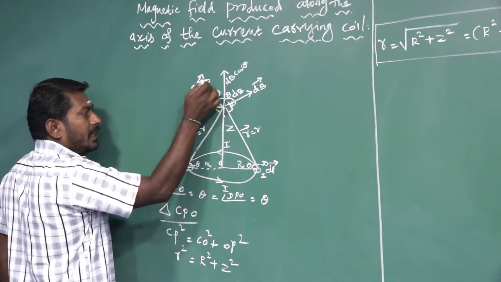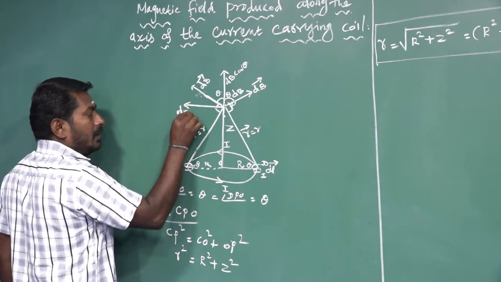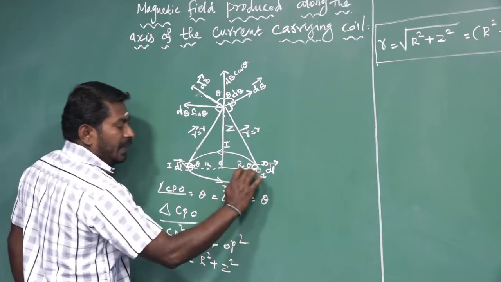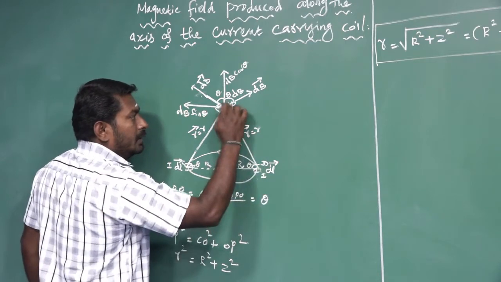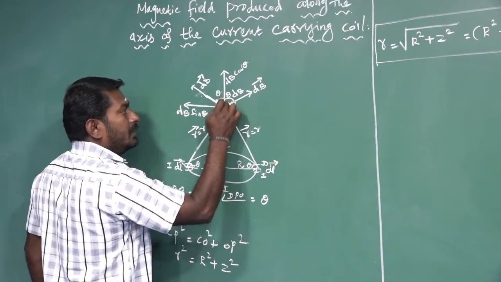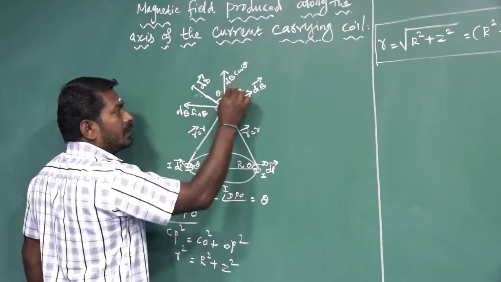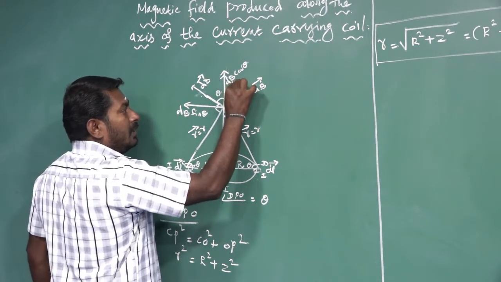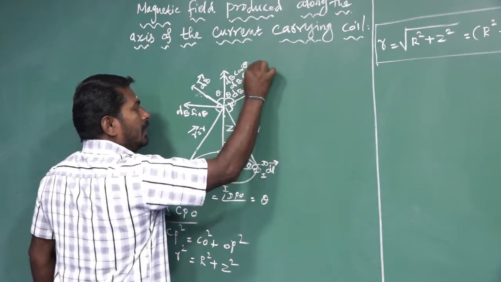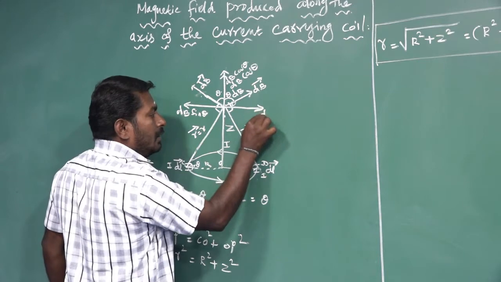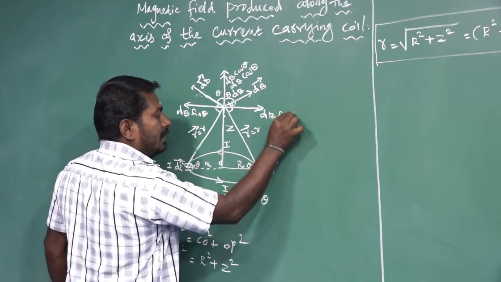Another component, the sine component, dB sine theta, is the same as that of the diametrically opposite element. This dB vector makes the theta angle with this component. This component is the cos component, dB cos theta. Another component, dB sine theta.